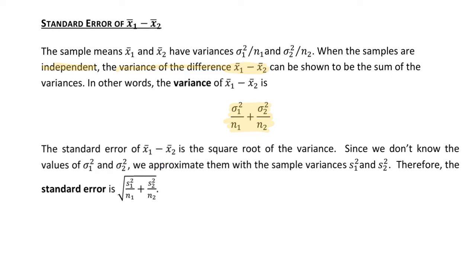Standard error is the square root of the variance, so just take the square root of that. But we don't know sigma1 squared or sigma2 squared, the variances of the populations. So we can approximate these with the sample variances s1 squared and s2 squared. So the standard error becomes the square root of s1 squared divided by n1 plus s2 squared divided by n2.